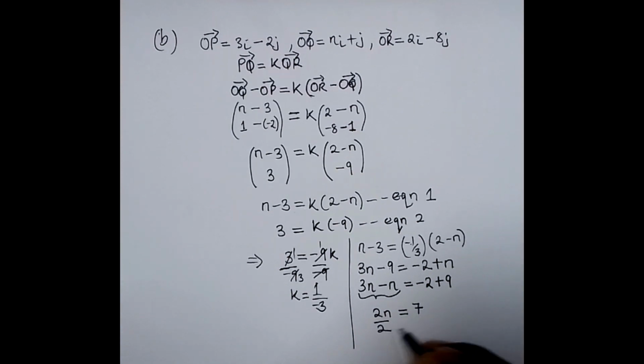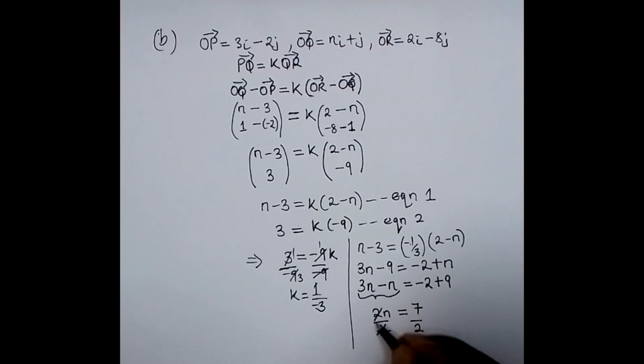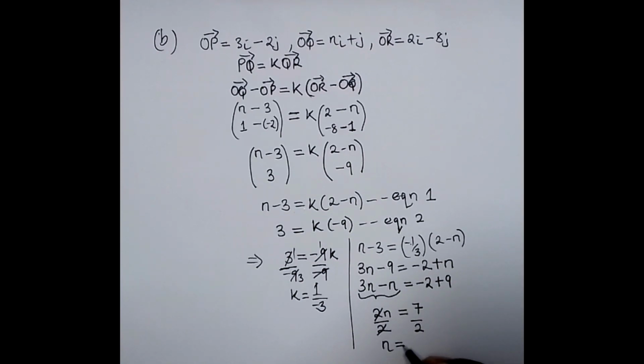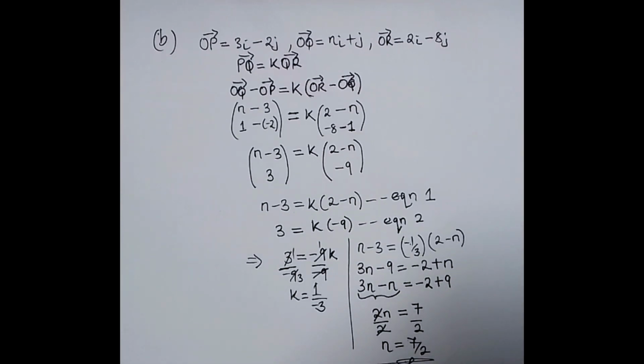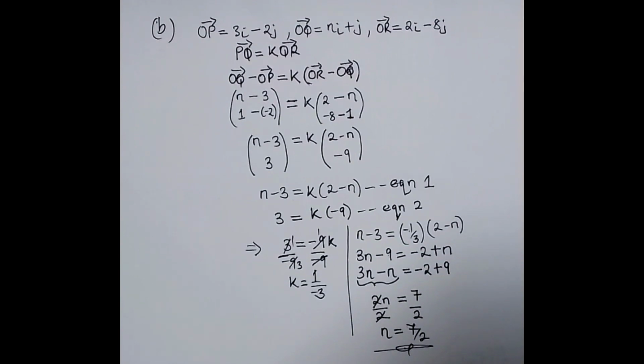So divide by 2, n is equal to 7 divided by 2, which is just 7 over 2 as a fraction. 7 over 2 is the solution to this question as n.